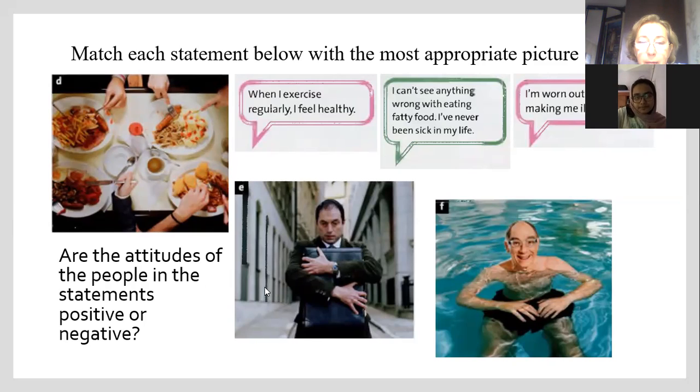His job is tough. Okay. So he works hard. That is why he is worn out. Okay. And so the question: are the attitudes of the people in the statements positive or negative?